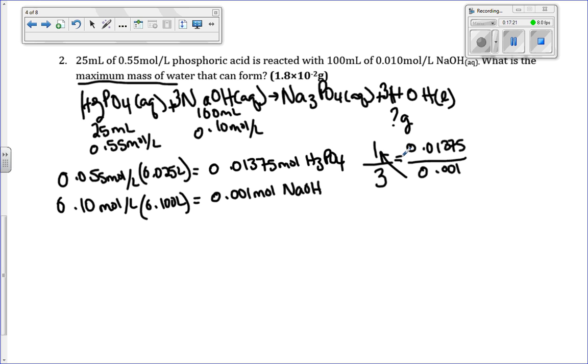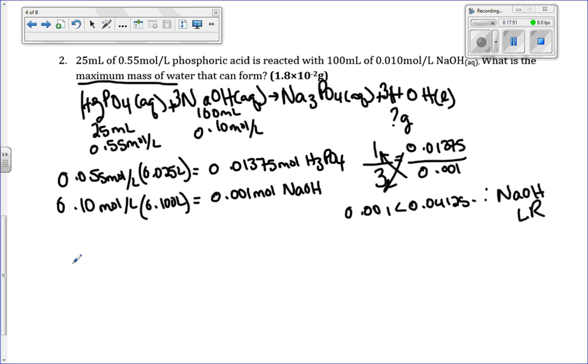We're looking at the rate that it's being consumed, and so we see that 0.001 is going to be less than 0.04125. Therefore, sodium hydroxide is our limiting reagent.